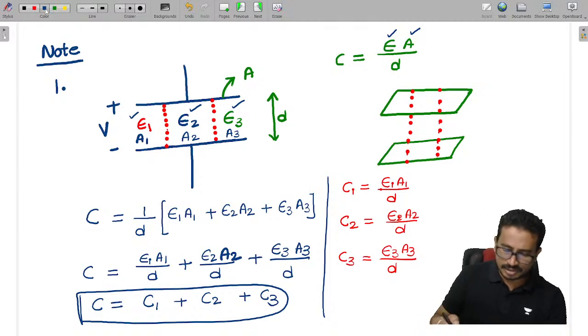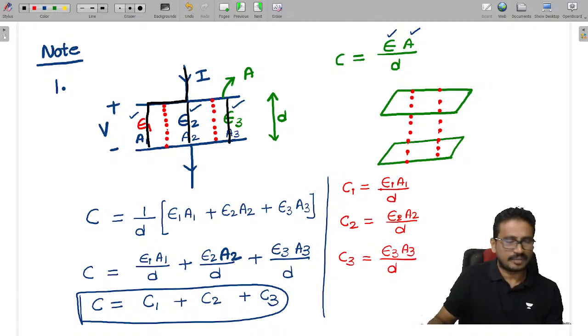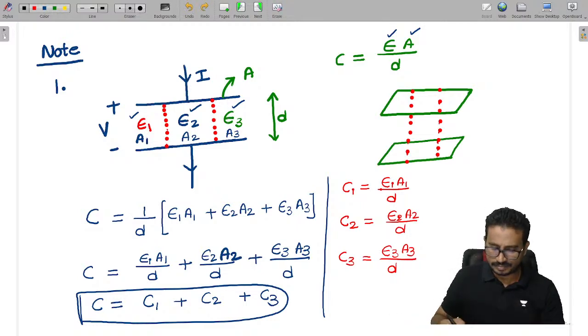If some current I comes here, then some current will go in this path and some current in another path. Three different currents will go in three directions. Now the current is different.